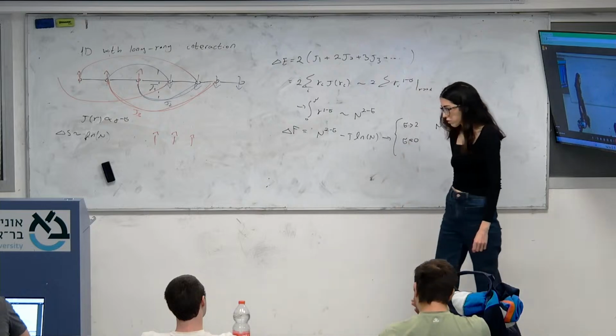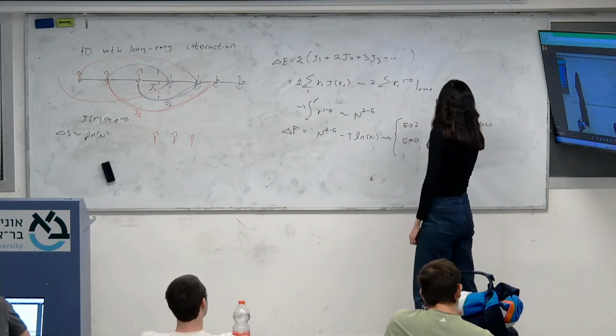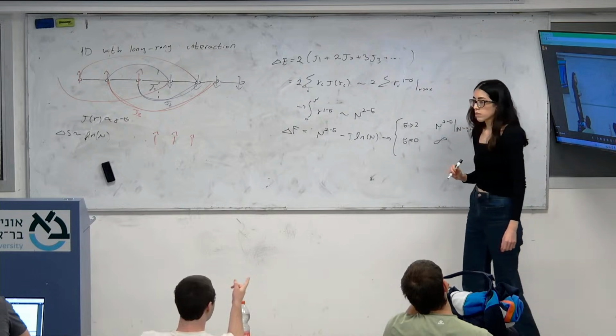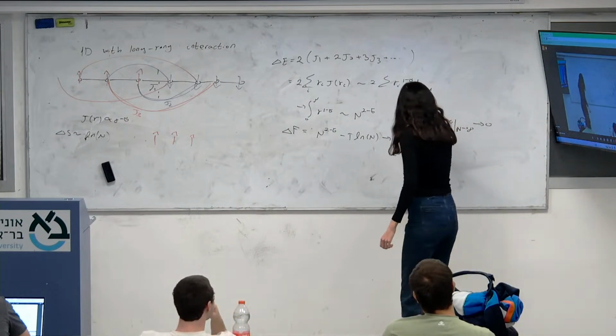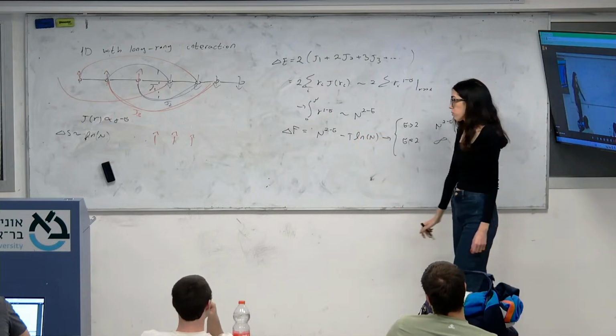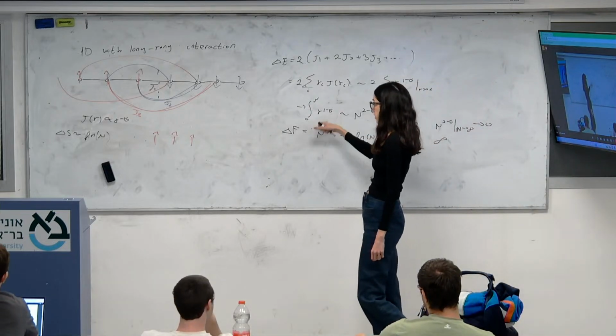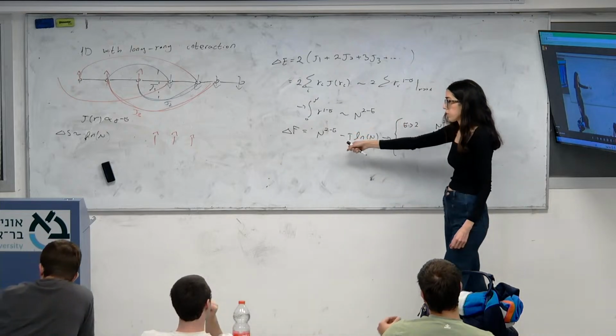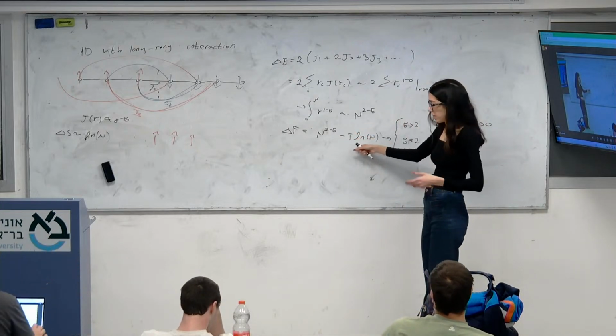If sigma is smaller than 2, this is going to go to infinity. Smaller than 2, so this is going to diverge to infinity, and actually this part is going to diverge faster than the logarithm.